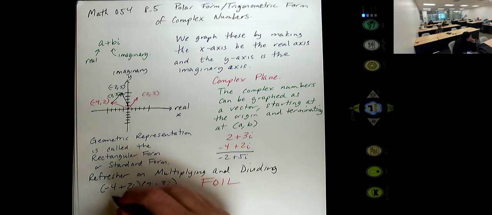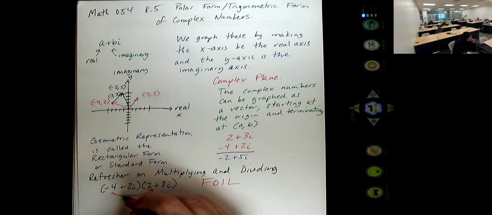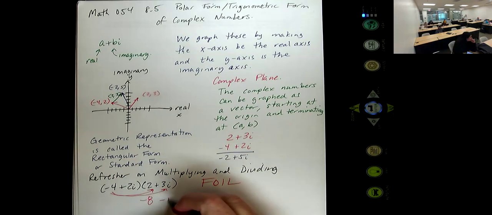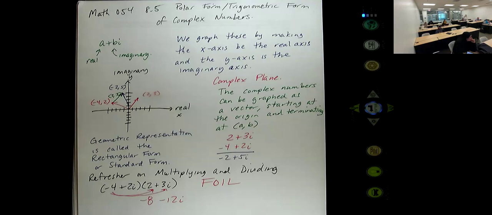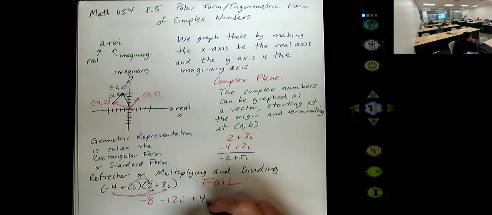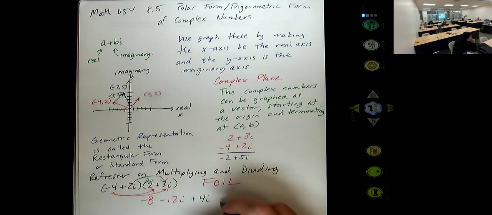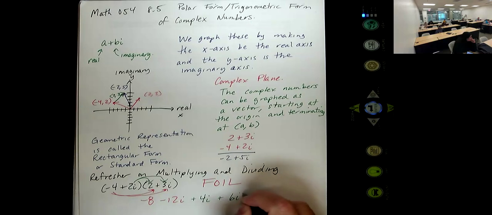We've got -4 times 2 is -8. -4 times 3i is -12i. 2i times 2 is plus 4i. And 2i times 3i is plus 6i squared.